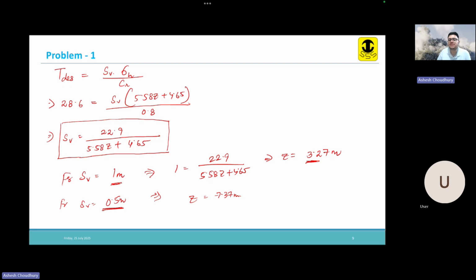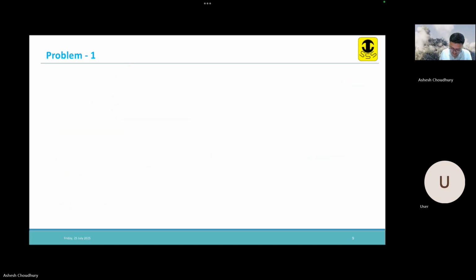Now, how do we provide a spacing of 0.5 meter? Though we have these blocks of 1 meter height, how do you provide a spacing of 0.5 meter? So we have like this, right?